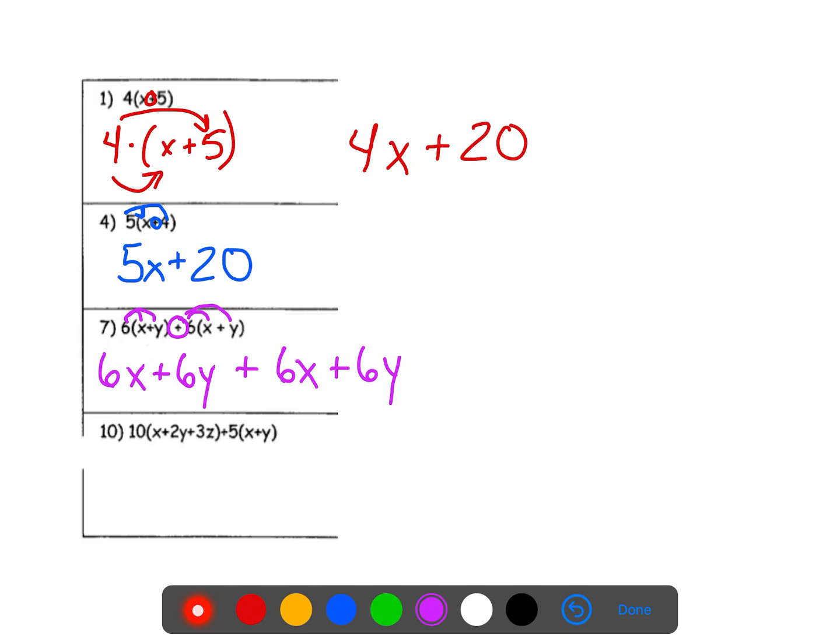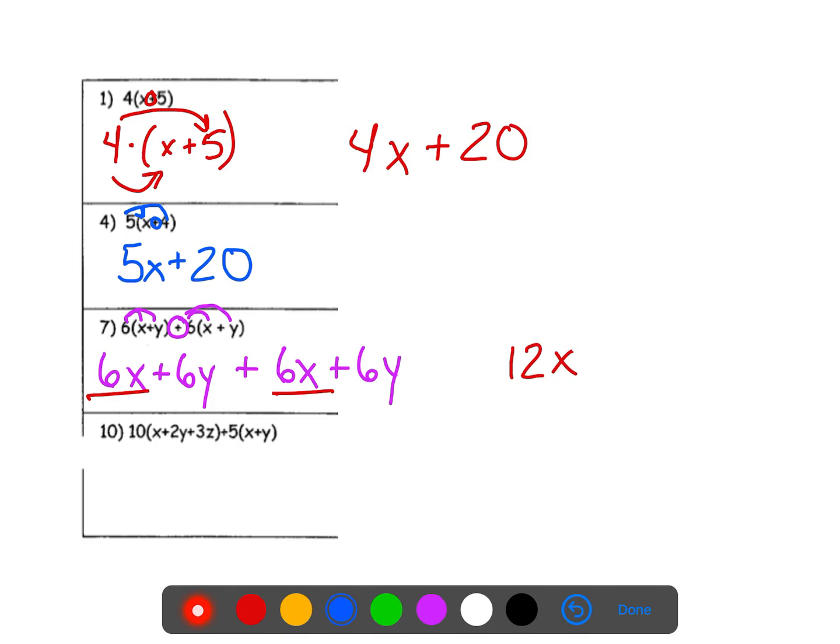There's a much better way, just like with fractions, when we have huge numerators and denominators, if we can simplify those numbers, we always should. And that's the same case here. If I have 6 x's and 6 x's here, everything is being added together. So I can combine 6x and 6x and get 12x, which would be a much better way to write this other form of the expression.